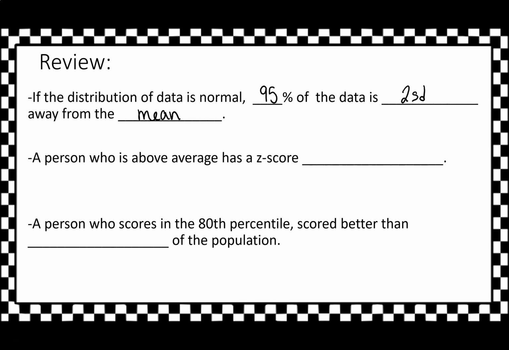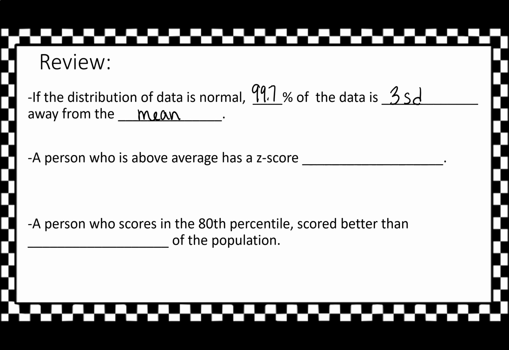That would have been an acceptable answer. What about another one? What if we said 68% roughly is going to be within 1 standard deviation of the mean? And then what's the last one? Do you remember? 99.7% are going to be within 3 standard deviations from the mean.